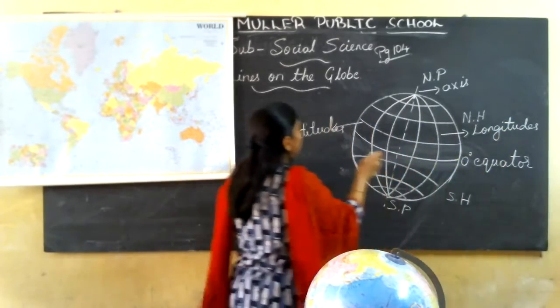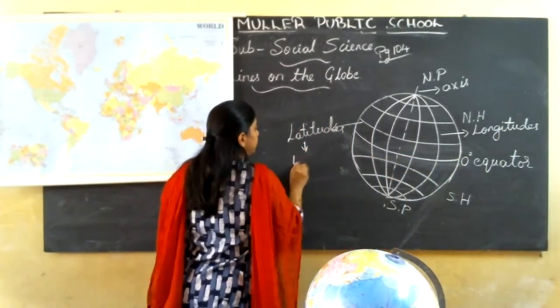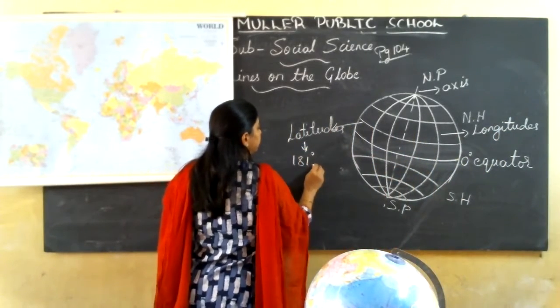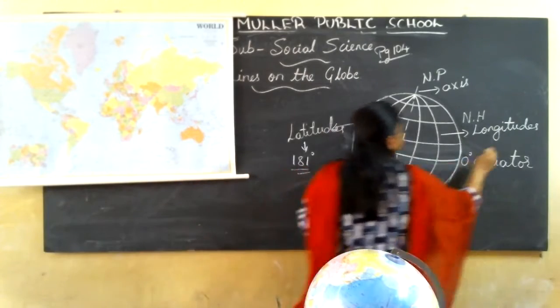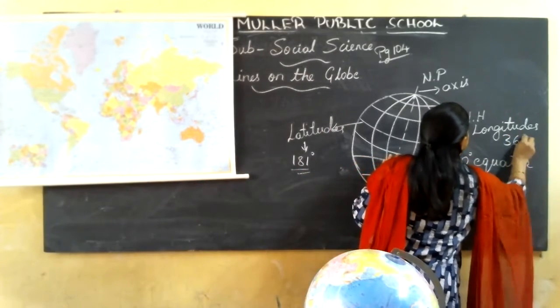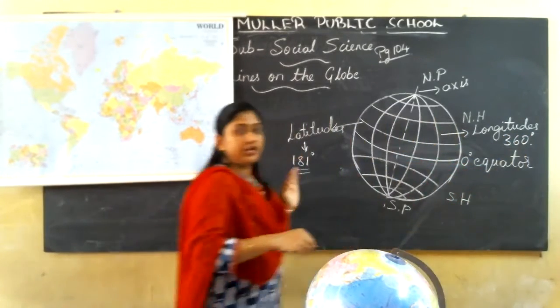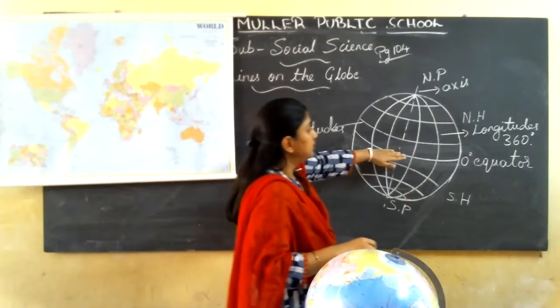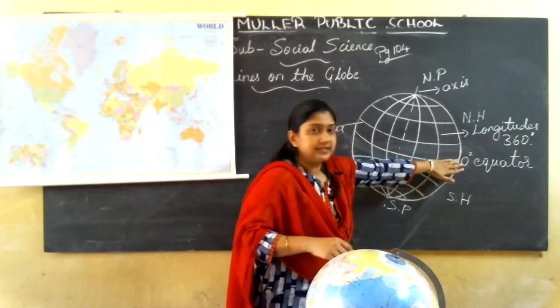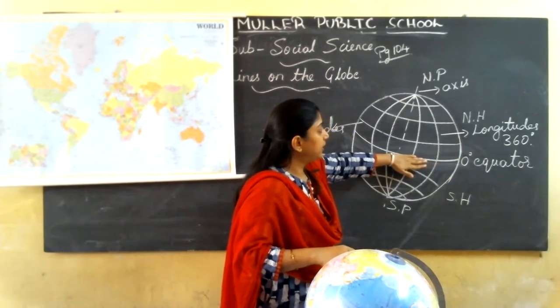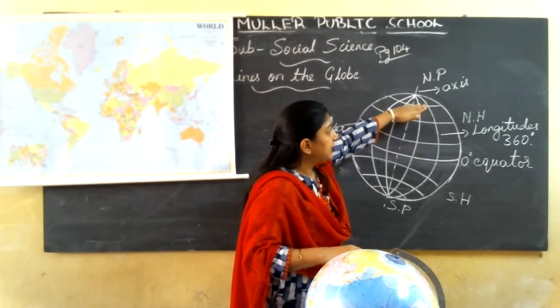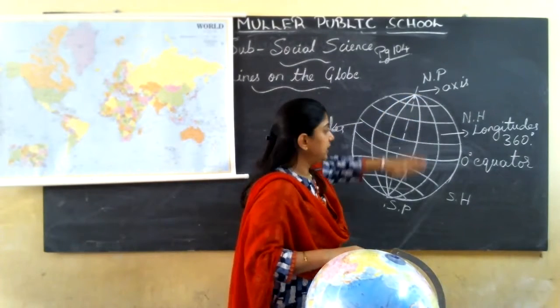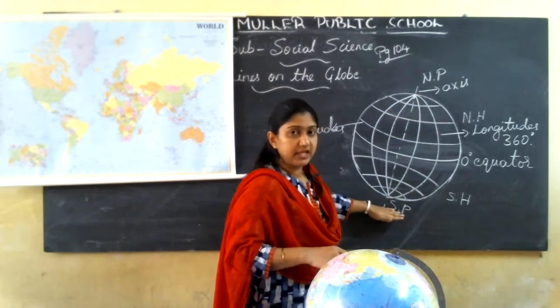And you all know that there are 181 lines of latitude and 360 lines of longitude. The equator is numbered as 0 degree. From the equator, there are 90 lines towards the northern hemisphere and 90 lines towards the southern hemisphere.